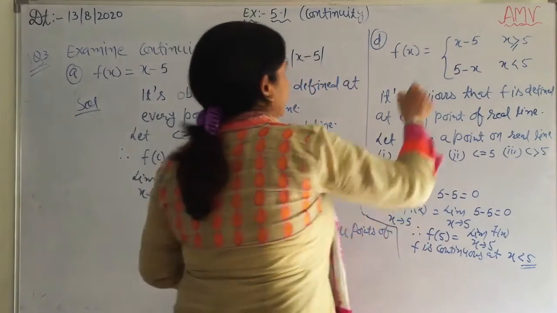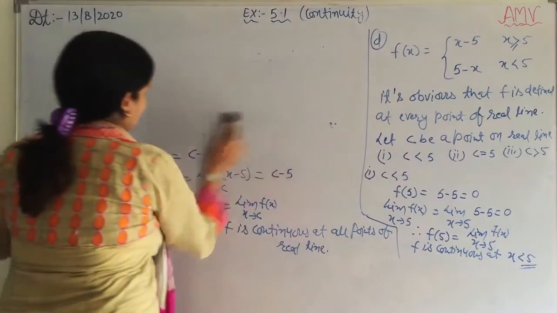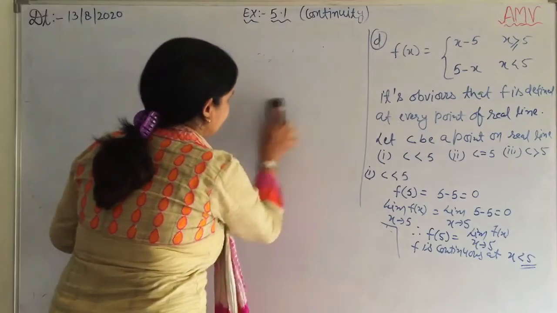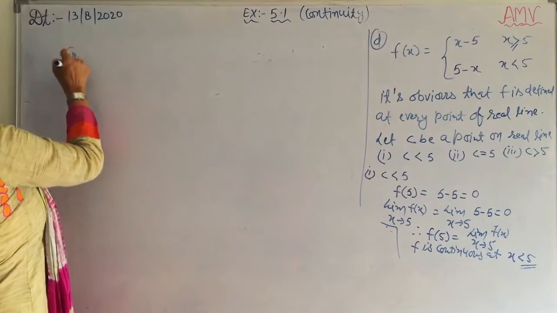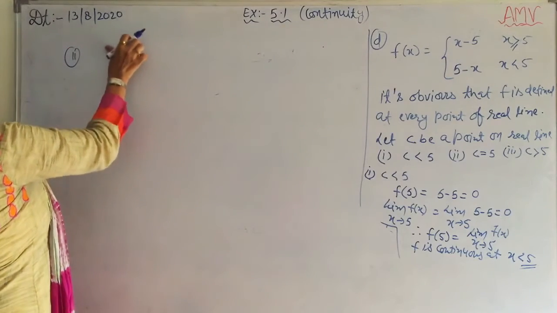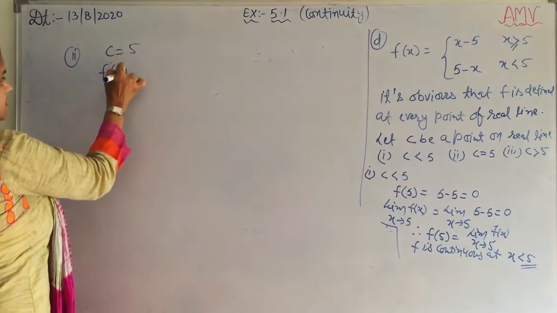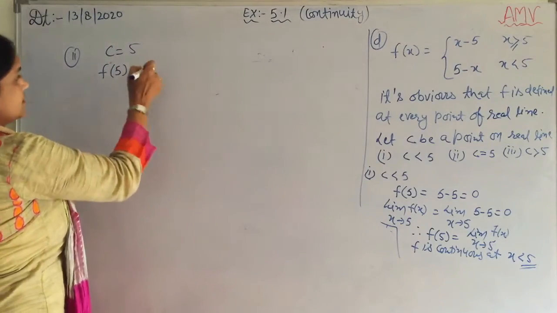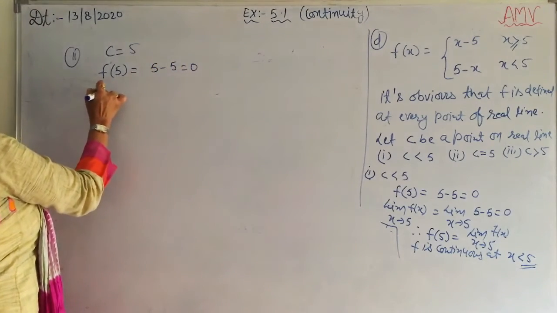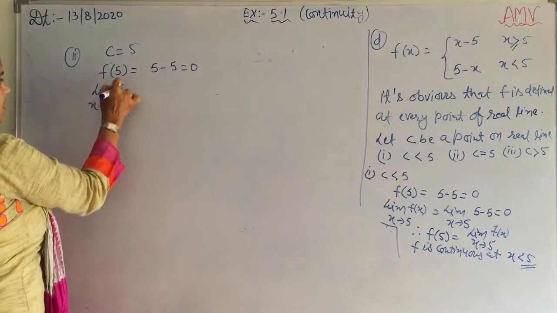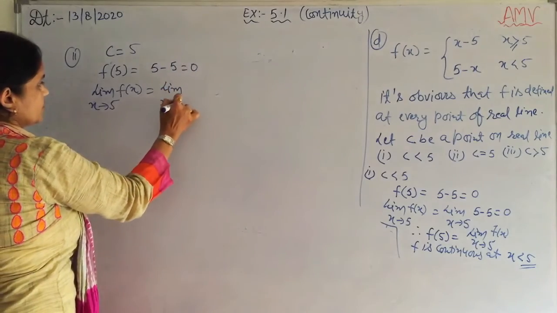Now next, for c greater than 5 and c equal to 5. Case second, when c is equal to 5, find the value of the function f(5). It's 5 minus 5, it's 0, and the limit as x tends to 5 of f(x).